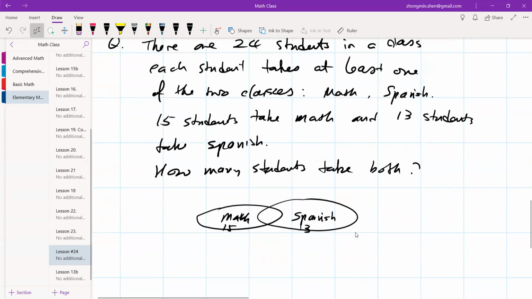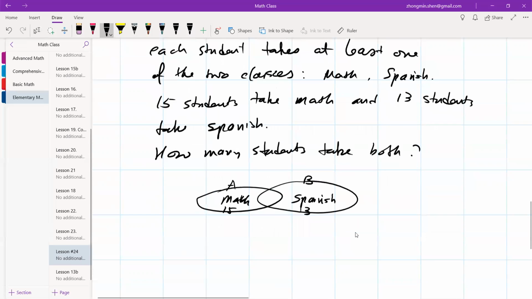So let's use set notation, called A and B. A represents the students taking the math course. B represents the group of students taking the Spanish course.